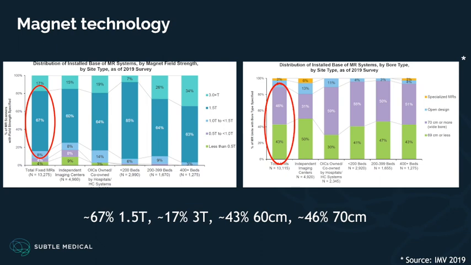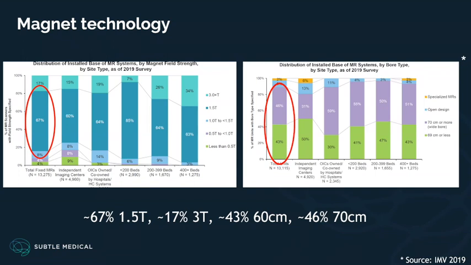Similarly, about 80% of the scanners are either 60 centimeter or 70 centimeter in reality. This is again a compromise between higher signal to noise ratio and patient comfort. So you can see how the field has made the trade-off in terms of the field strength as well as the bore size.